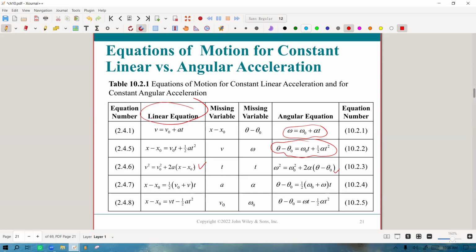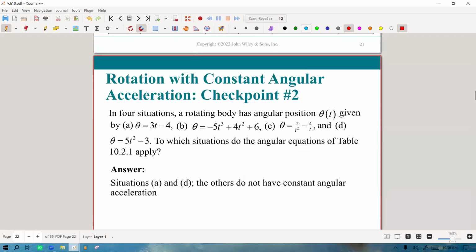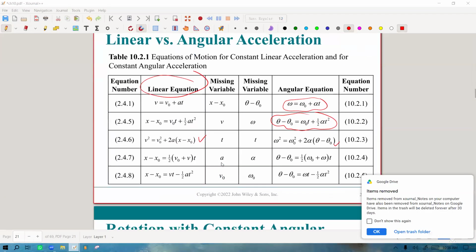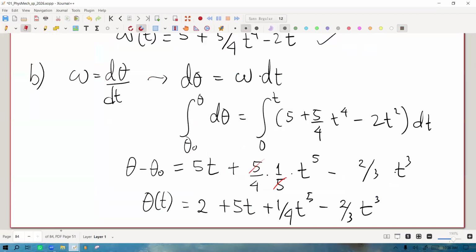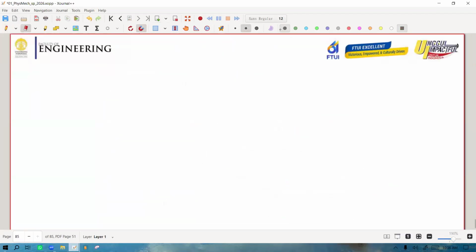It means that x in one-dimensional motion is analogous to theta, and then v in one-dimensional motion is analogous to omega, and a, the acceleration, is analogous to alpha.